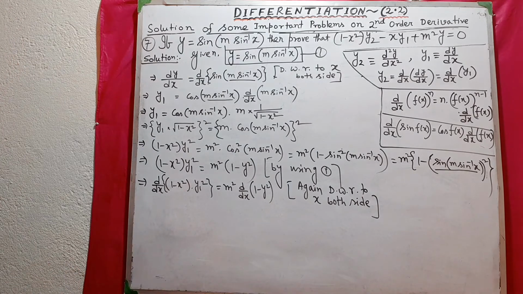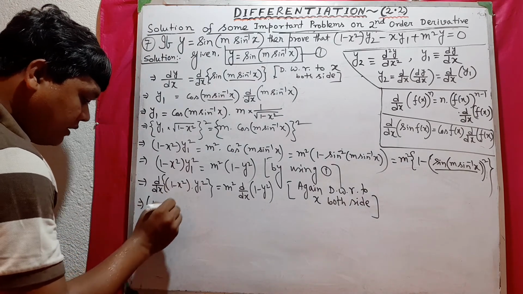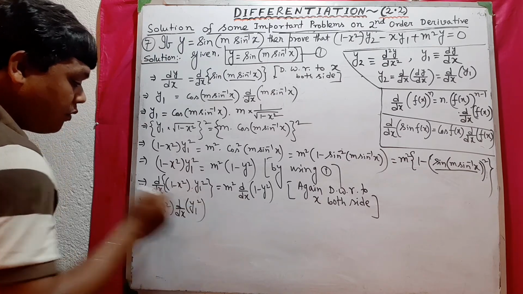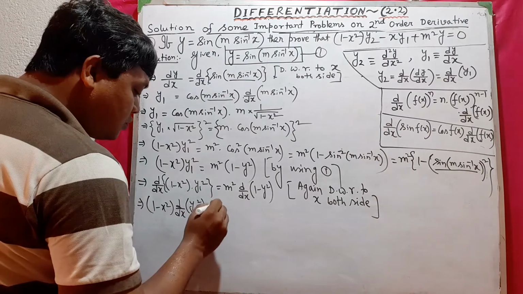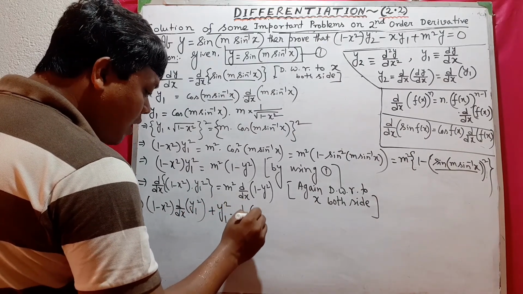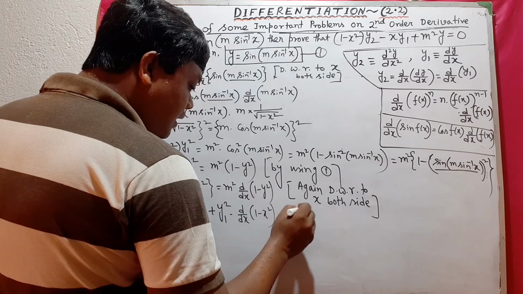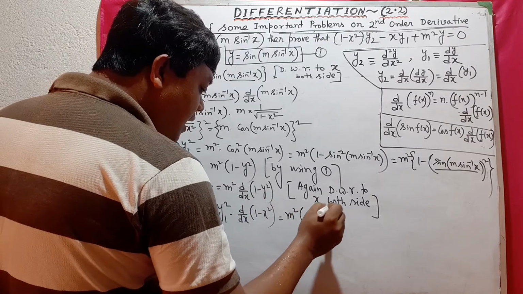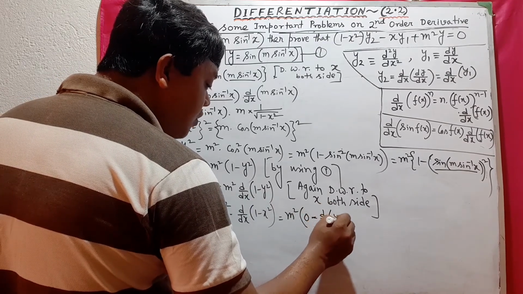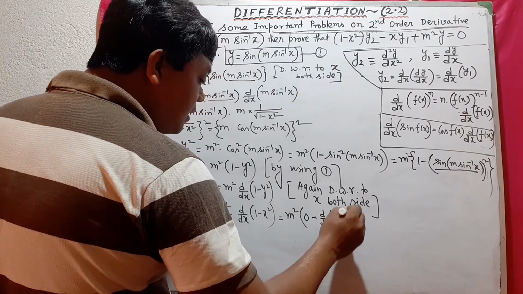Okay, so now 1 minus x square, d/dx of y1 square, which we have done many times already, plus y1 square d/dx of 1 minus x square equals m square times derivative of 1 is 0 minus d/dx of y square.